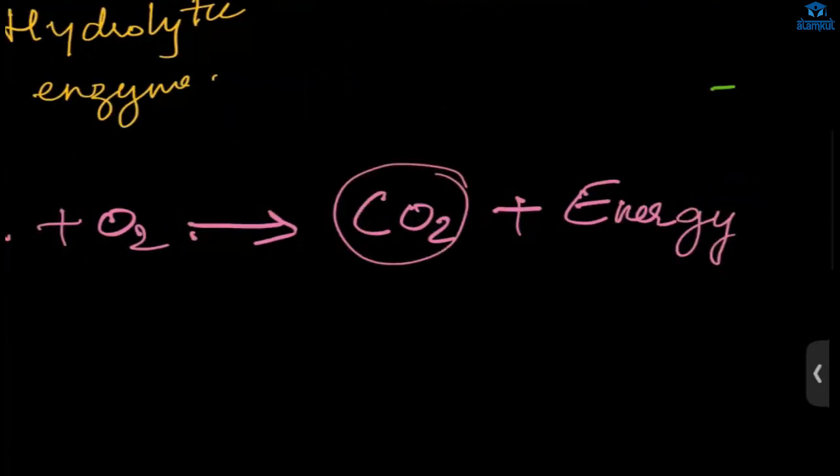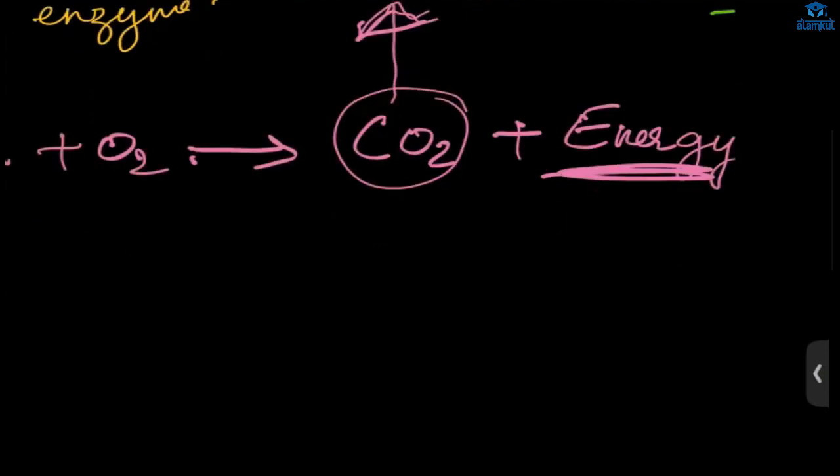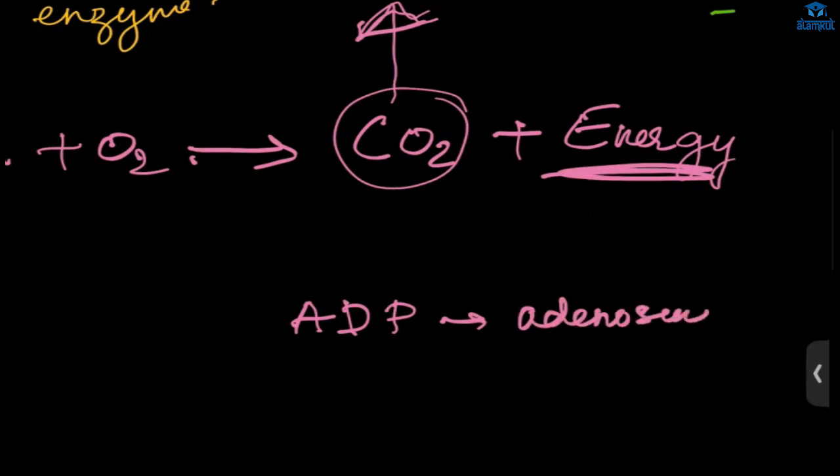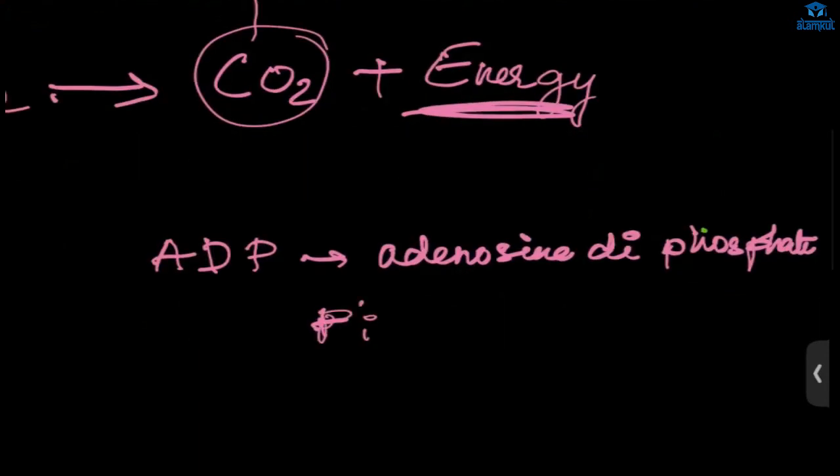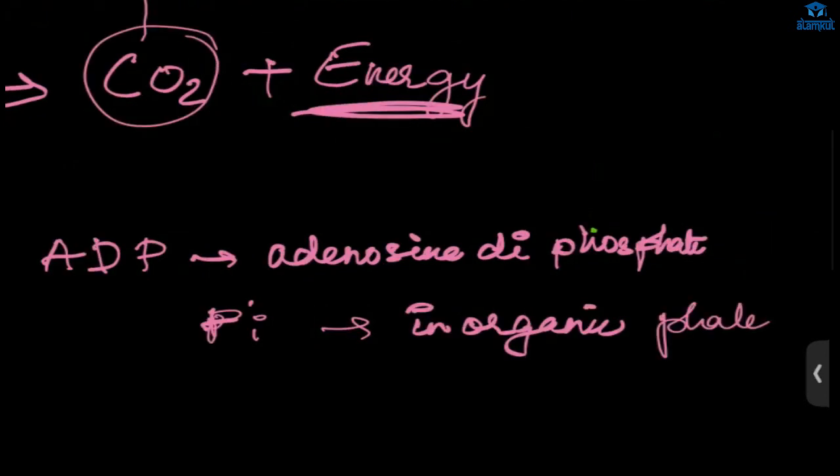Okay, this carbon dioxide, through swelling, we will take it out of our body. This energy we have to utilize. So in mitochondria we have ADP, that is adenosine diphosphate, and we also have inorganic phosphate.